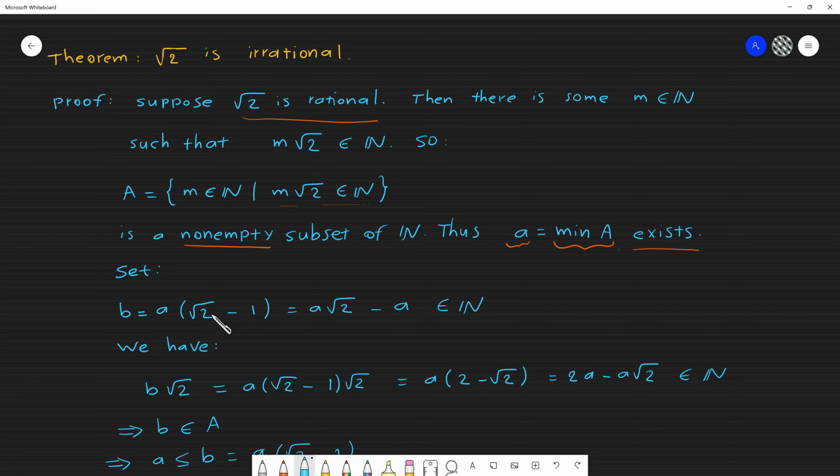All of this equals a times square root of 2 minus a.